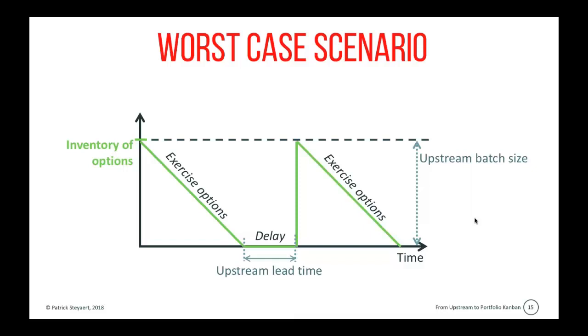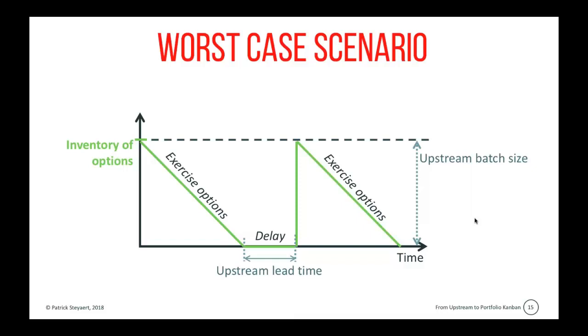In reality, probably we're not going to wait until our backlog is empty. But still, if we want to make optimal use of our downstream capacity, we want to avoid at all costs that the downstream team is starved from work. So we need to prevent this situation at all costs.